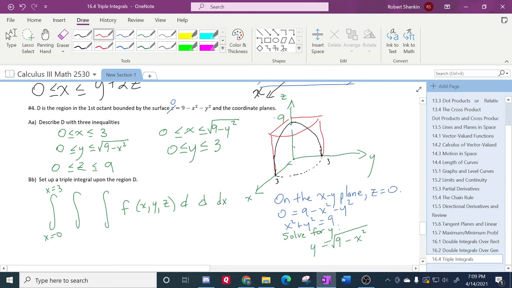This z is incorrect. It would just take this area and send it straight up. All the points in here would be valid, and the z values for each one of these points would go from 0 all the way up to 9. So this is wrong. So let me undo those.